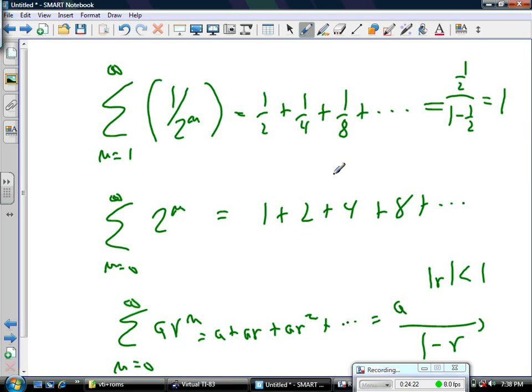All right, let's take a look at questions from the homework page for 9.2 on geometric series. Page 448, I think. Yeah. Take a look at, say, number 1, straight from the homework tonight.